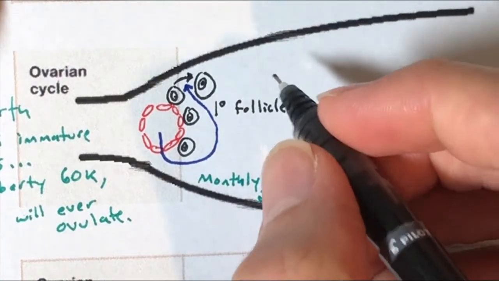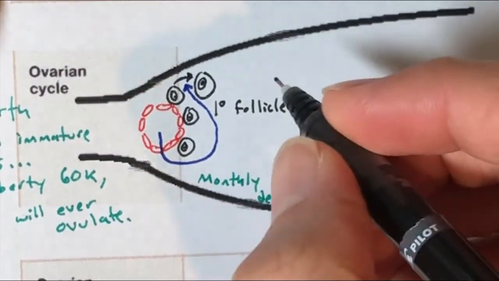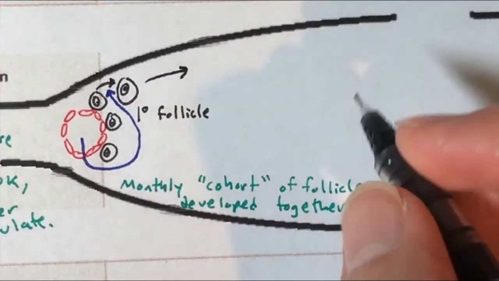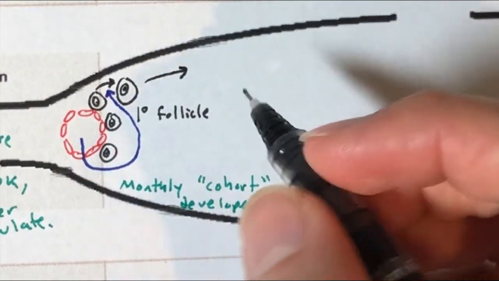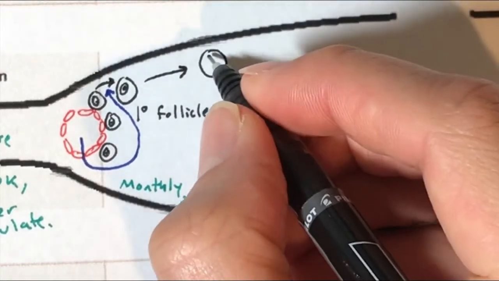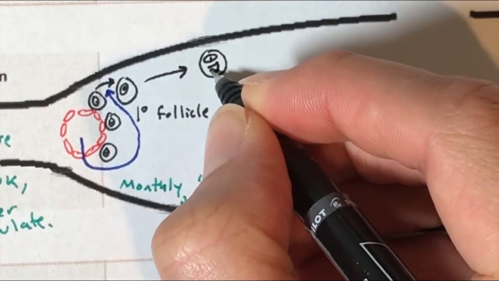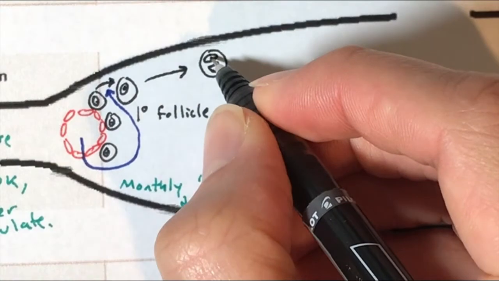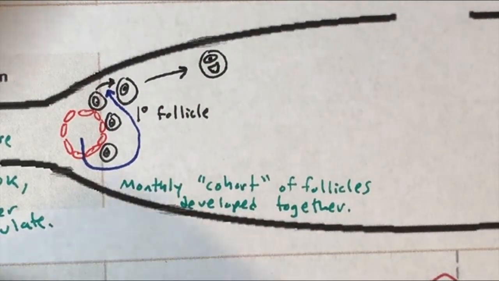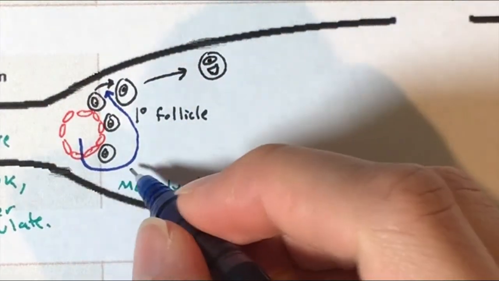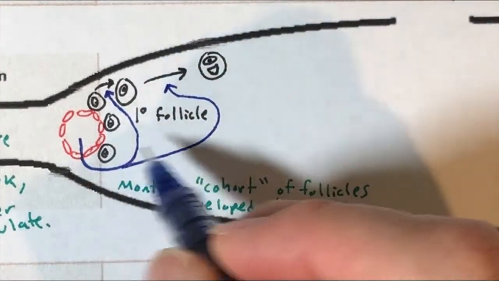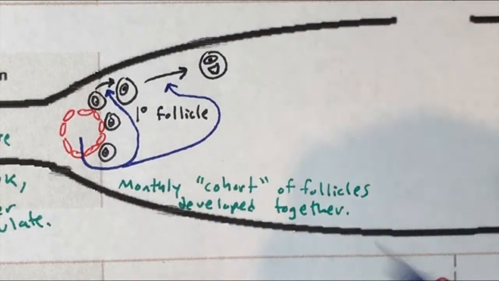All right, so from the primary follicle, we're going to get another kind of follicle. So continued development. It's going to get a little bit bigger. It's going to even look a little bit different too. The follicle is going to look like this. The FSH is continuing to develop the follicle here.